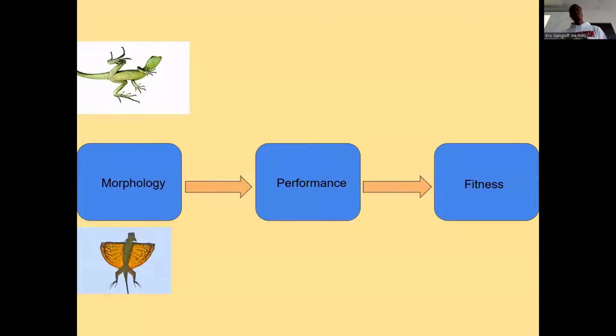If you take a closer look at these feet, you see that they have these little fringes on their toes, which allows them to run on water like they're famous for. And on the bottom here, you see a Draco lizard gliding through the trees. You see these very enlarged flaps of skin on the side of this lizard, which allows them to catch the air and glide for long distances. So morphology is the body structure of an organism.